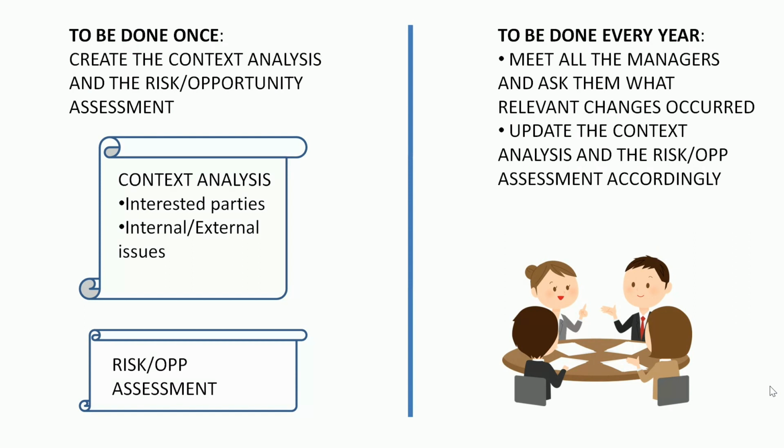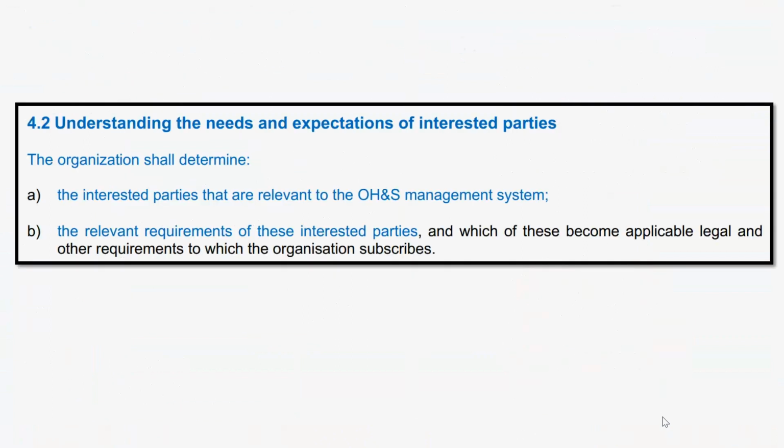So let's start. For the context analysis, we will start from the interested parties. For the interested parties, we just have to read the ISO 45001 standard to see what is required. What really matters is what is written in chapter 4.2.